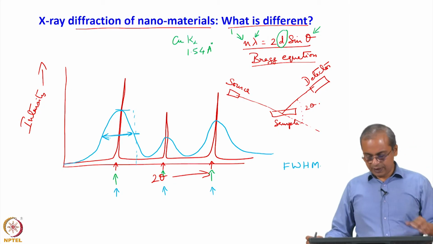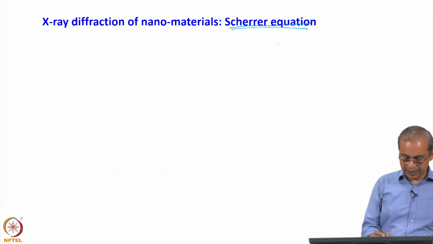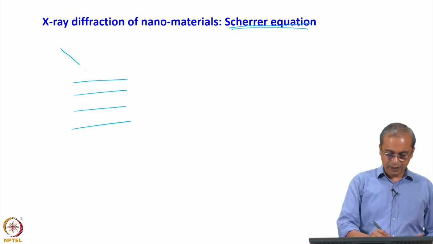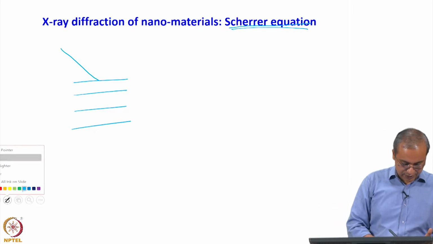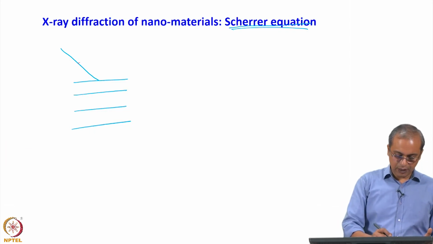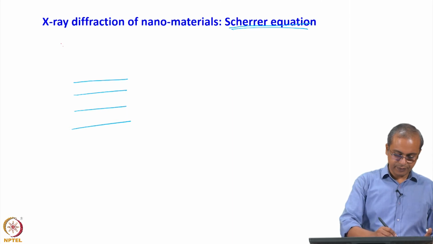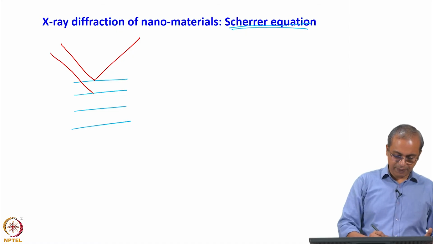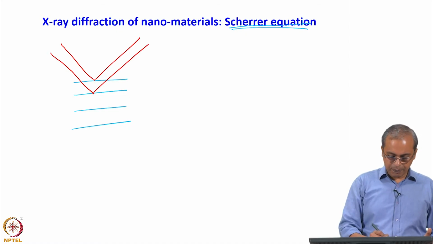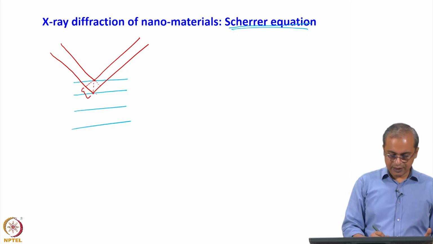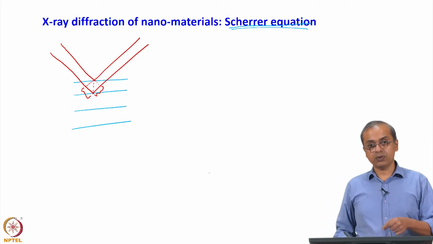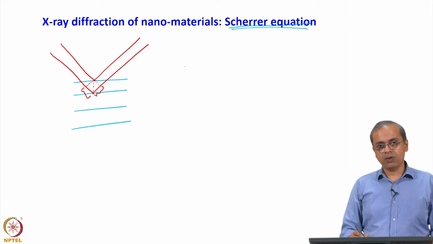If you have a series of planes here, and an X-ray that is bouncing off the topmost plane, and then another X-ray which diffracts off the second plane and so on, then this extra path difference travelled by the wave that goes to the second plane is an integral multiple of lambda.